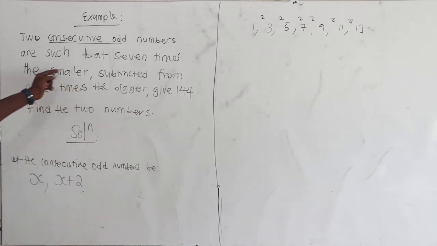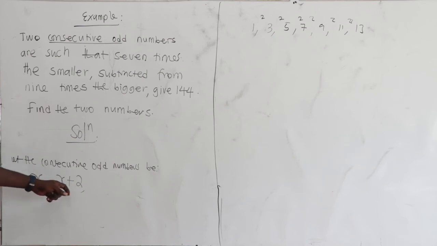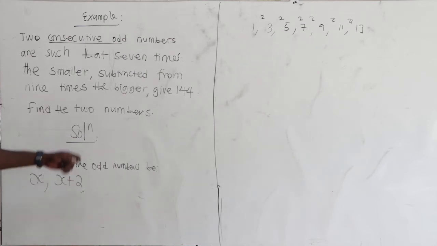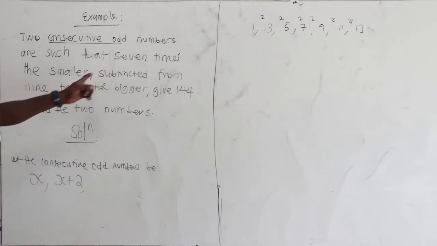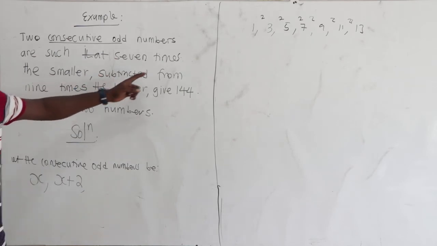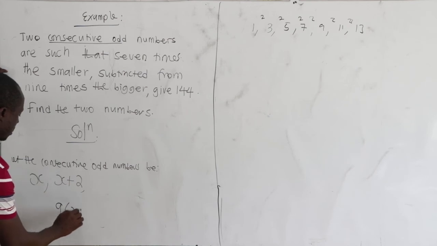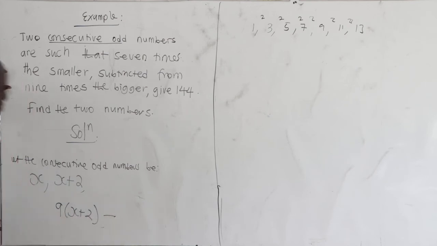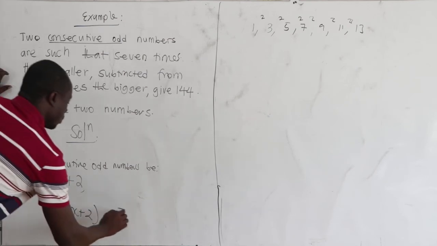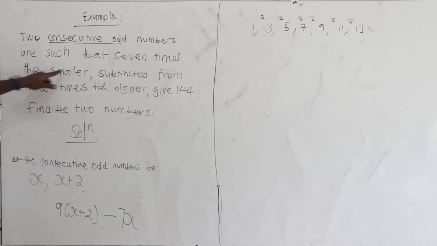We are told that 7 times the smaller is subtracted from 9 times the bigger. The smaller is x and the bigger is x plus 2. So that is 9 times the bigger, x plus 2, minus 7 times the smaller.